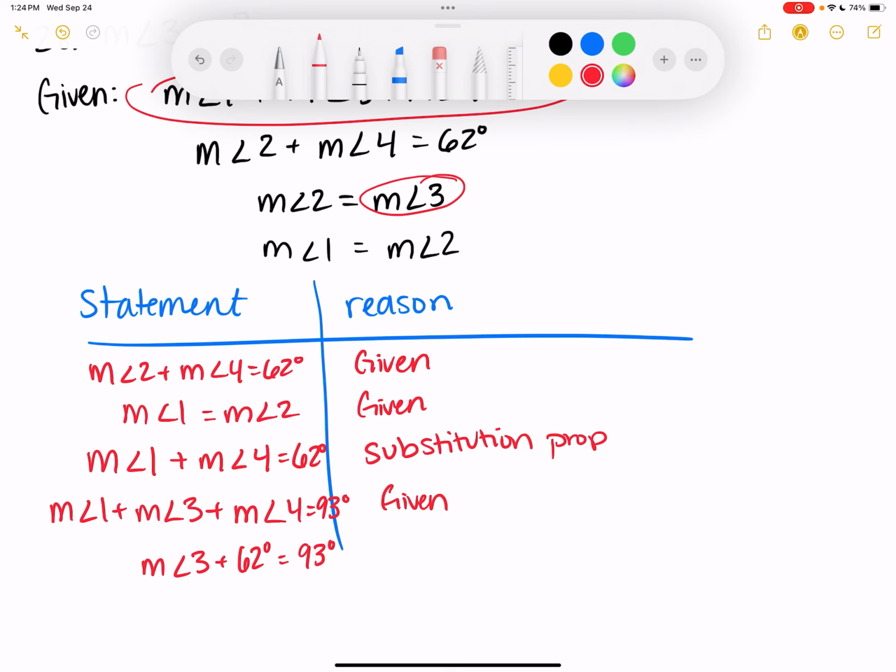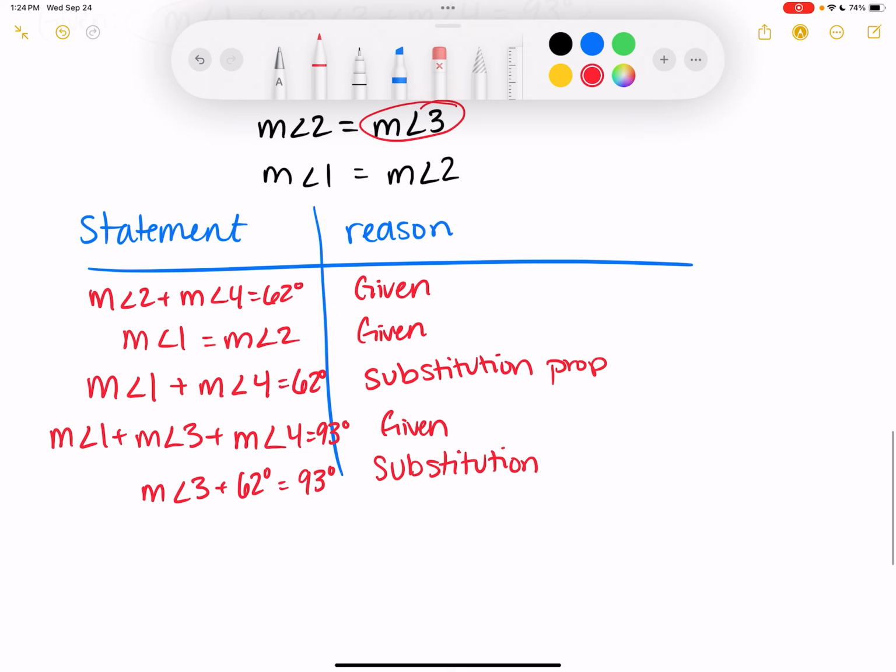What allows me to do that? Substitution. Now I want the measure of angle 3 by itself because that's what I'm trying to solve for. So what do I have to do? Subtract 62 from 93. So the measure of angle 3 is equal to 31 degrees. And we did that by the subtraction property.